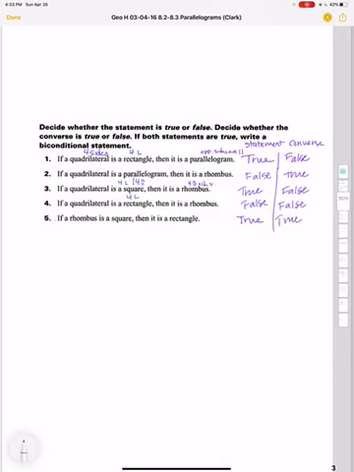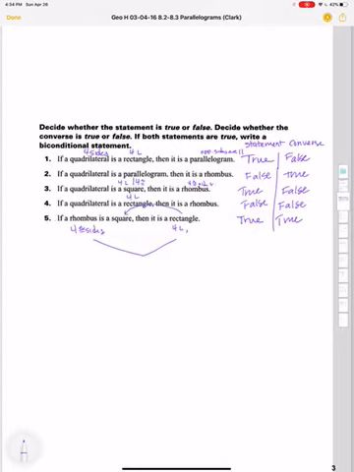Yes, because a rhombus requires four congruent sides. A rectangle has four right angles. And so if we say it has this and this, then does it make it a square? Yeah, so that's why the converse is also true.